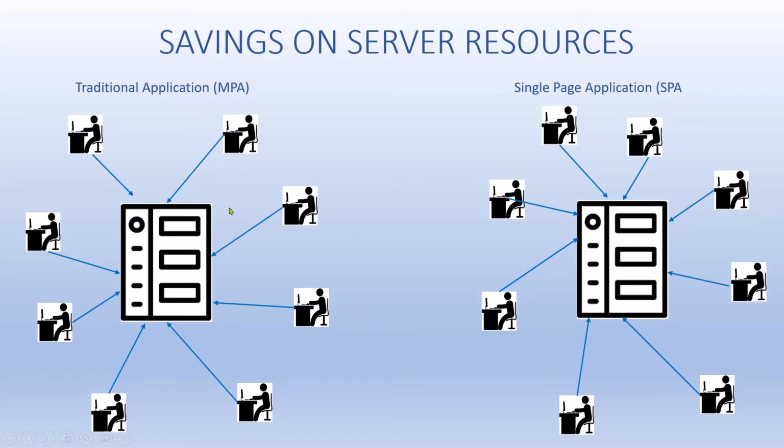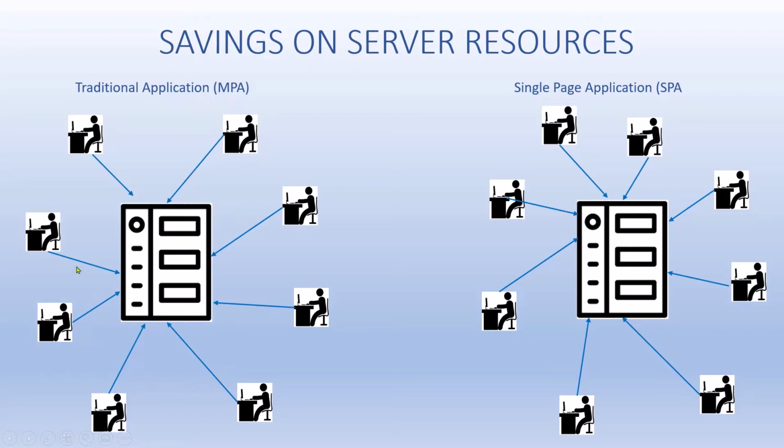We know from our previous slides that for every interaction that each of these users has with the traditional application, or Amazon for that matter, the server needs to generate an entirely new web page with its own HTML, with its own CSS, with its own scripts, and send that back to each of these users.